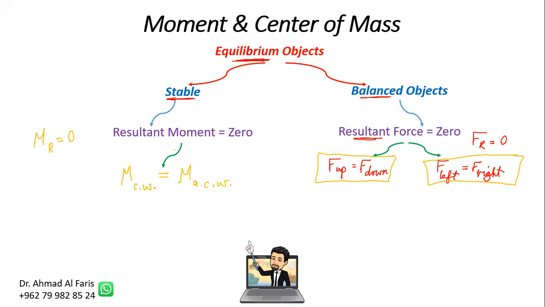So all the moments that act on a certain object about a certain pivot clockwise have to equal the total moment that acts anti-clockwise to make it stable, so it doesn't rotate. If it's stable and does not rotate, it might be in equilibrium. But if it's in equilibrium, it will be stable and balanced. Good so far?